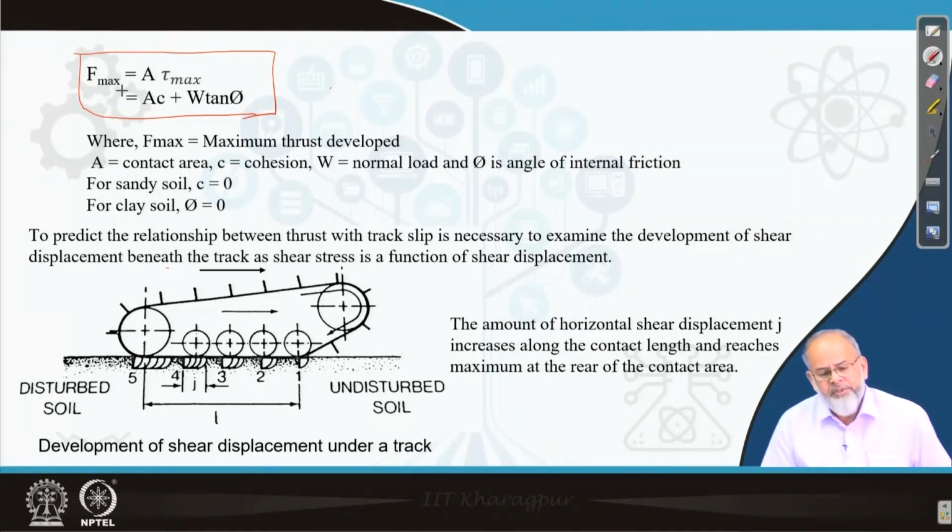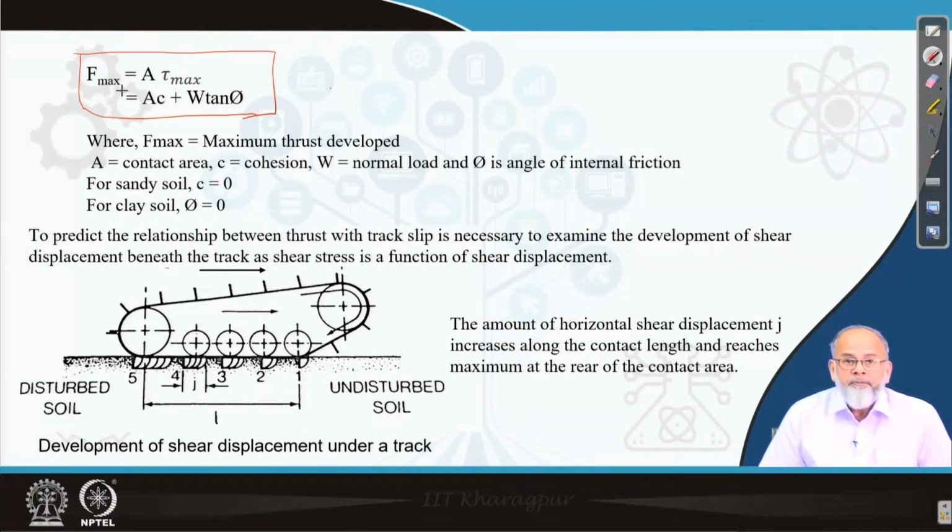If you look at this equation, when a track is operated in pure sandy soil, there is no cohesion, so area has no role. It is the weight which plays most of the role. That means it controls the maximum thrust which is developed.